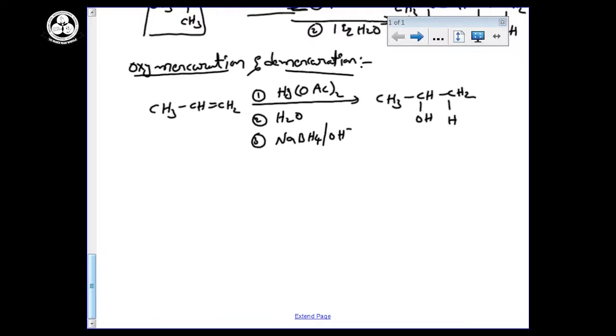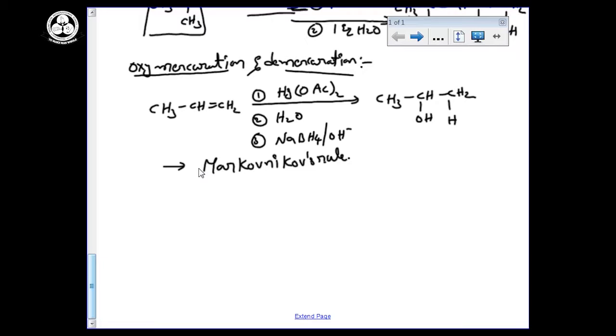We have to look at the mechanism, then only we can decide whether it follows the Markovnikov rule or anti-Markovnikov rule. So generally you have to memorize: oxymercuration and demercuration follows the Markovnikov rule. Hydroboration oxidation follows the anti-Markovnikov rule.